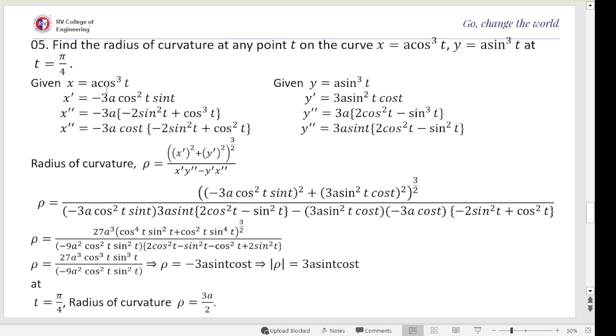Similarly, x = a cos³ t, y = a sin³ t; find x', y', x'', y'', and substitute into ρ. You can find the radius of curvature in terms of t and substitute t = π/4. So if I substitute, the radius of curvature ρ = 3a/2.